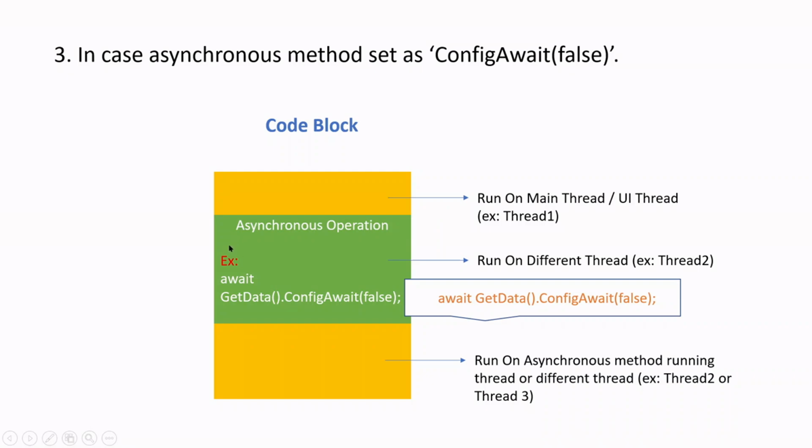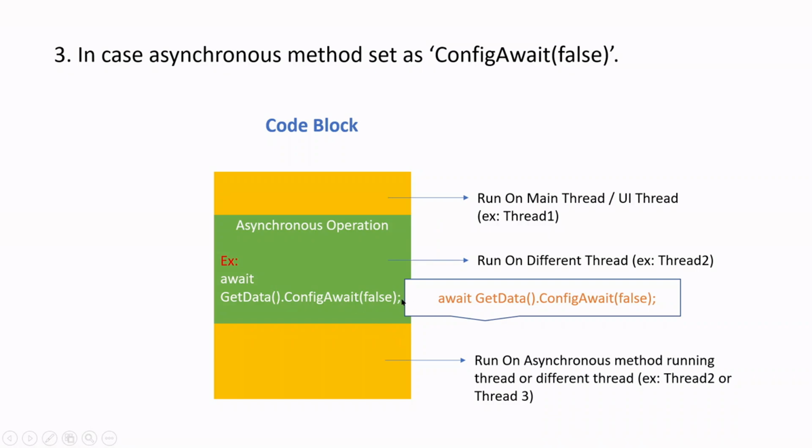Once our asynchronous method starts executing, this part of the code will run on a different thread, maybe we can consider that thread name is thread 2. So whenever this asynchronous method execution is completed, the remaining code will run on a different thread, or in the same thread which is running our asynchronous method. This is the behavior difference we can see when we set ConfigureAwait false.